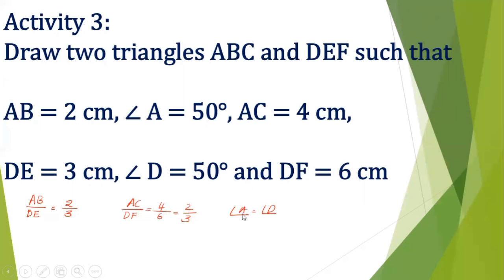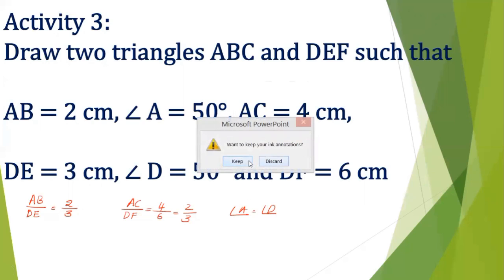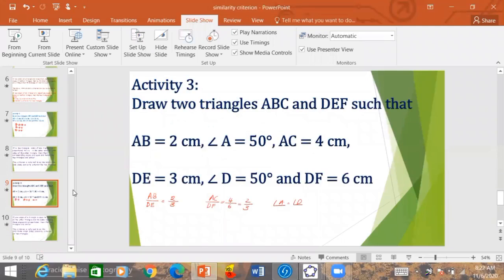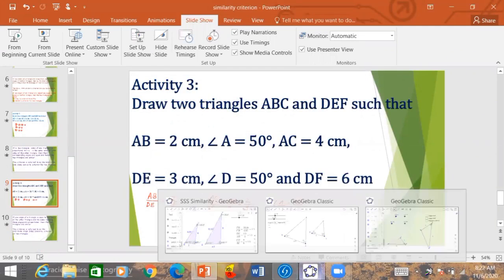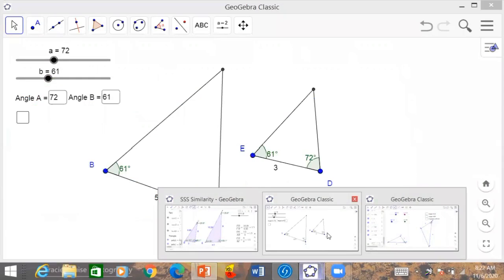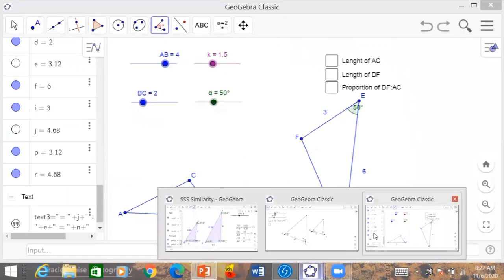We have to construct two triangles with one angle of one triangle equal to one angle of another triangle, and sides including the angle should be in the same ratio. Now let us verify this.